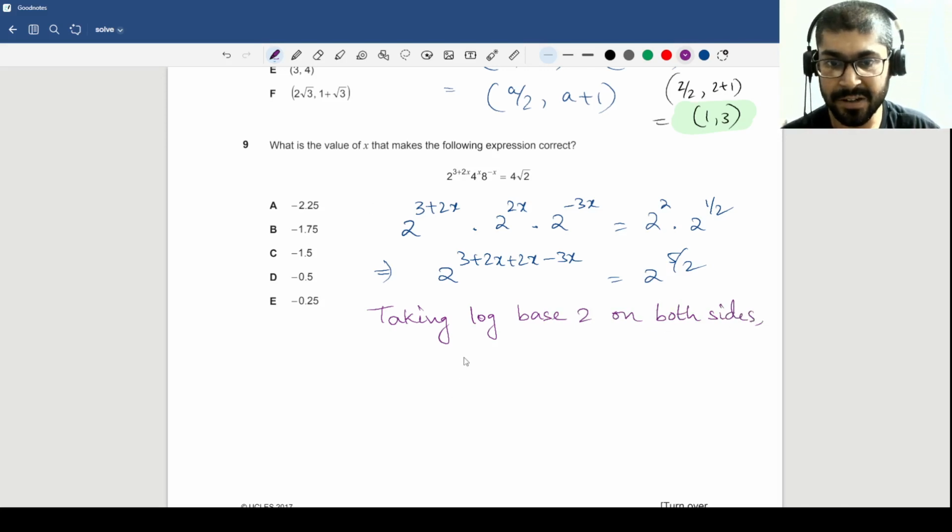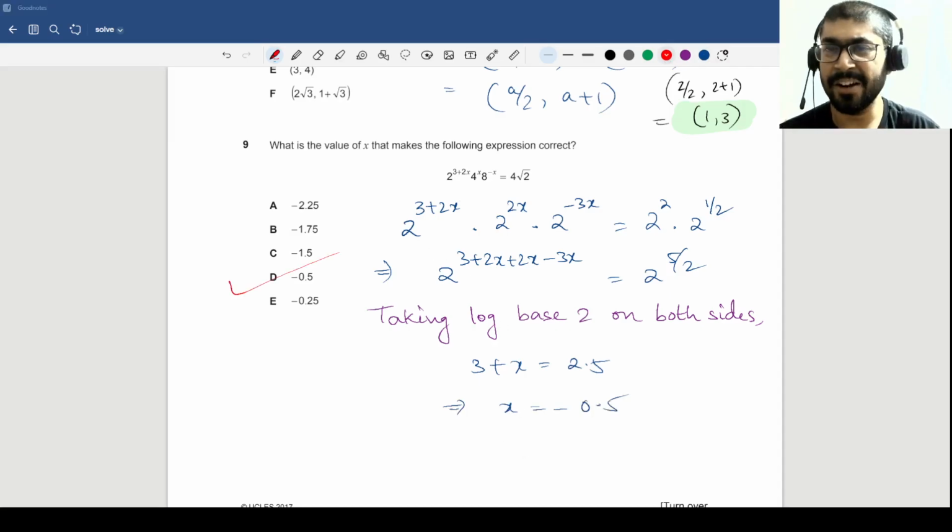If you do that, then you will have 3 plus 4x minus 3x, which is 3 plus x, equal to 5 by 2. 5 by 2 is 2.5, so x will be equal to minus 0.5. That means option D. Not very difficult, just bunch up the powers, and you'll get your answer.